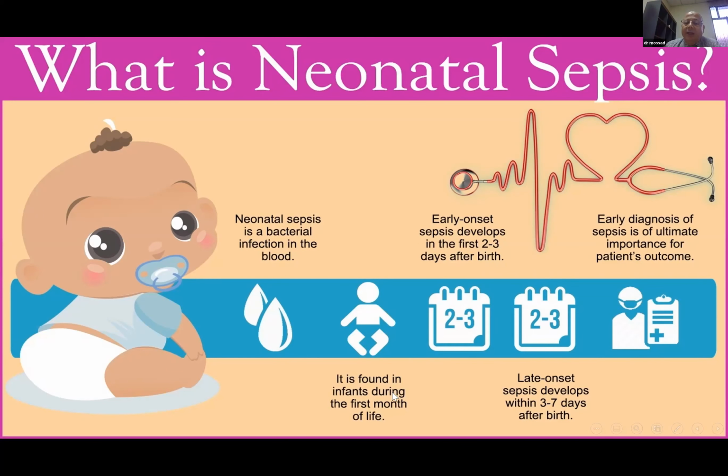To say neonatal, it occurs in the first month of life. What is the importance of that? The early diagnosis of sepsis is important for the outcome. Inshallah, any one of you coming to work in the ICU must remember this.